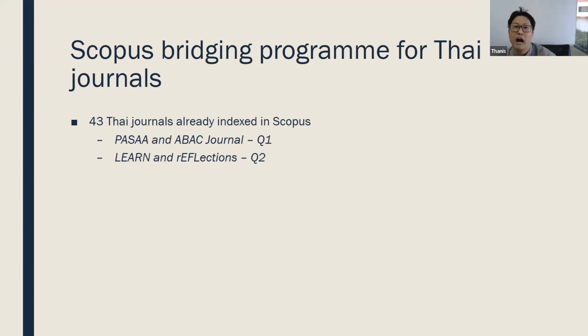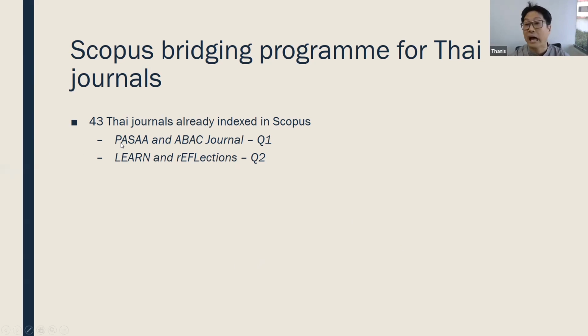So for arts journals, you only have 7 or 8, but the rest, 30-ish, are science-oriented journals. So if you get into TCI tier 1, the chance of you being picked for this program is very high because they want more diversity. So you have to work hard to get into TCI tier 1.